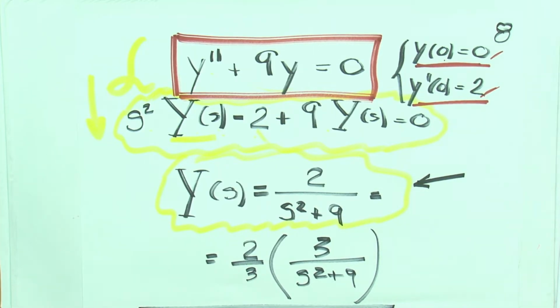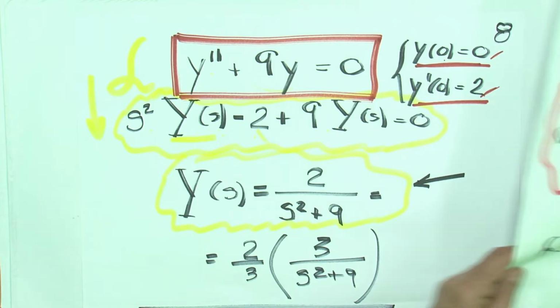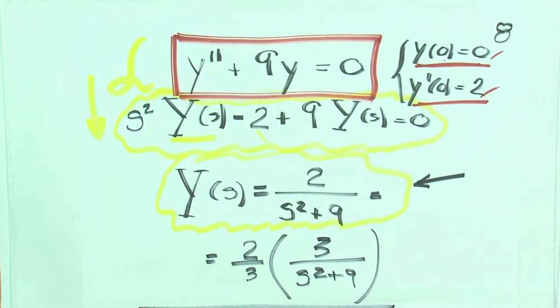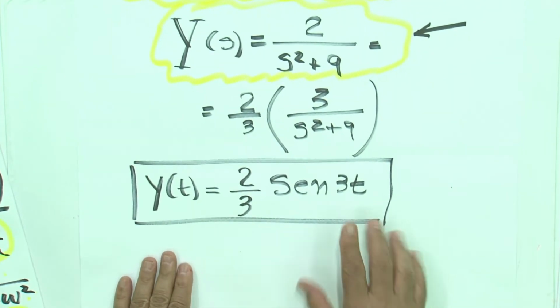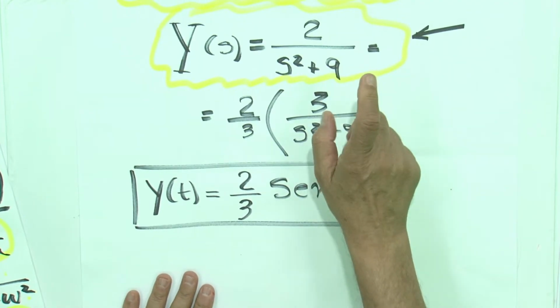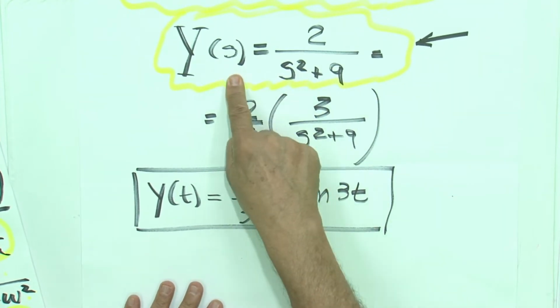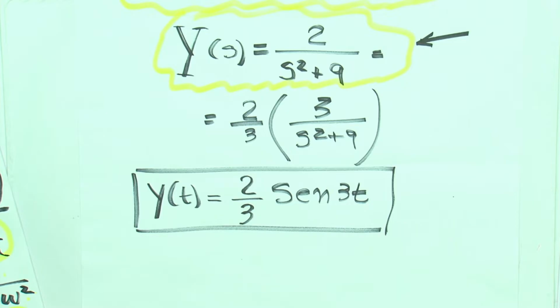If you use the Laplace method a few times, you get so used to it that you can more or less identify very easily what the function is. So let's look into this function. Here it is. That's the Laplace transform of the function I'm looking for, right?